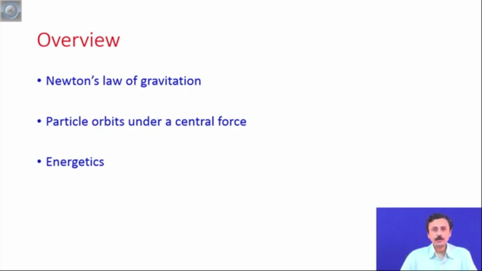In this lecture, we are going to move further in this direction. We are going to look at other kinds of trajectories. In the last lecture, we had looked at circular trajectories. Here, we are going to look at other forms of trajectories that are possible under a central force. And finally, we are going to discuss the energetics of a particle moving in a central force field.